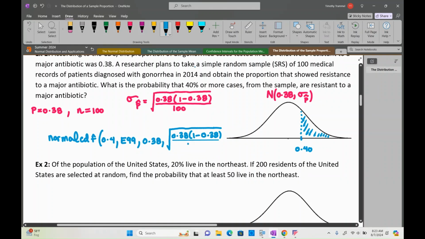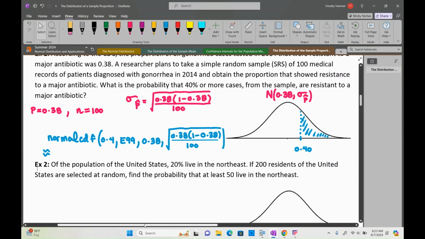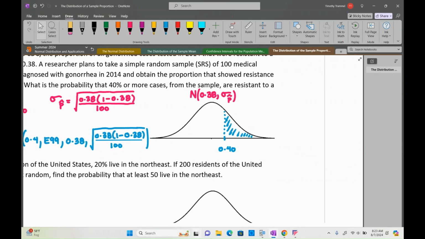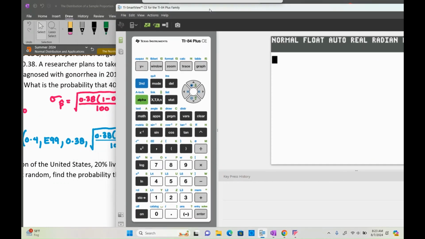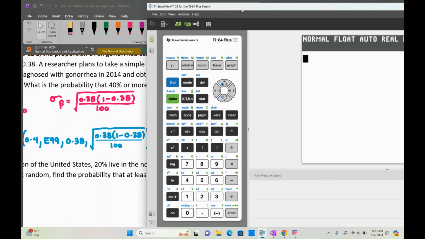And so we just need to get this into our calculator and we can find this probability. And I will type in that standard deviation just like that into my calculator. There is no need to find the decimal approximation for that standard deviation unless you're asked for it.